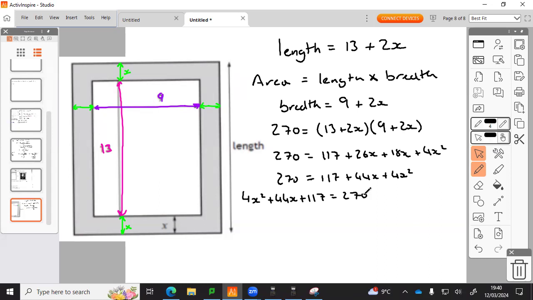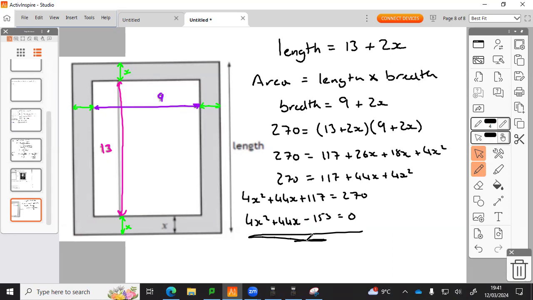And then I'm going to equate it to 0. 4x squared plus 44x plus 117 minus 270 when I bring it across is going to give us our minus 153. And that is us proved what it's asking for. That's what it was looking for.